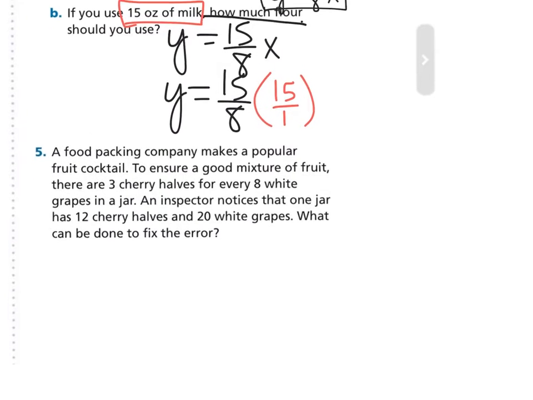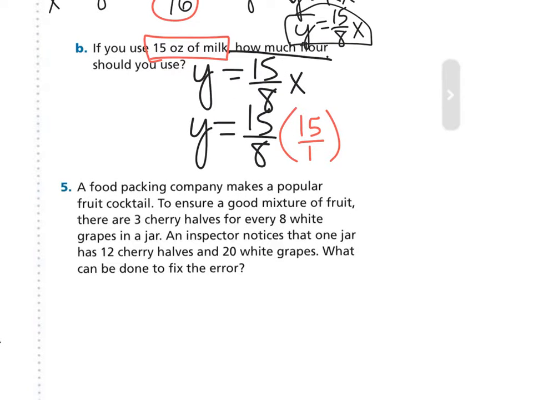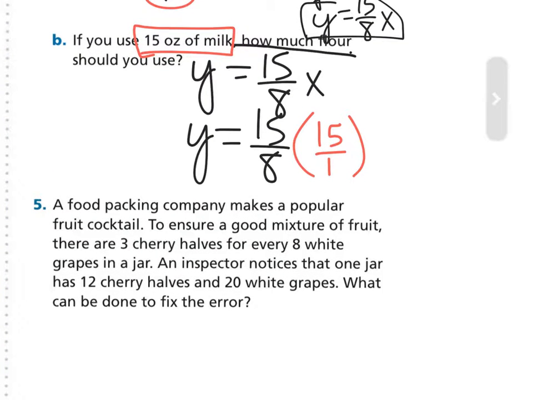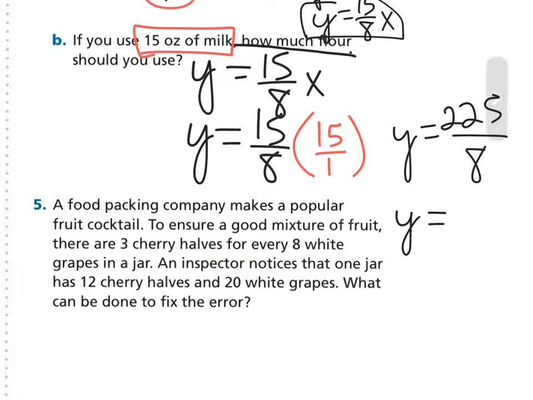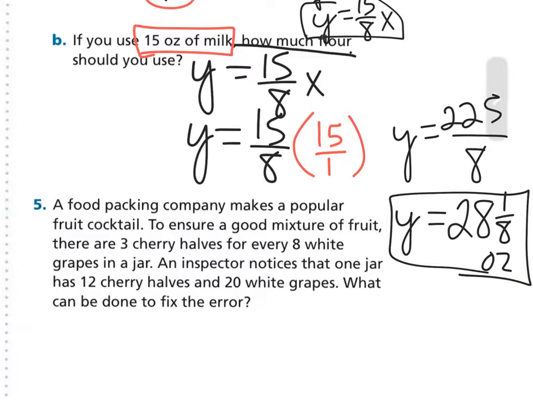And then we could multiply that. So 15 times 15 is 225. 8 times 1 is 8. So 225 divided by 8, you can divide that out. Change it to a mixed number. That would be 28 1/8 ounces. Okay, again, preference for a mixed number answer, not a decimal there.